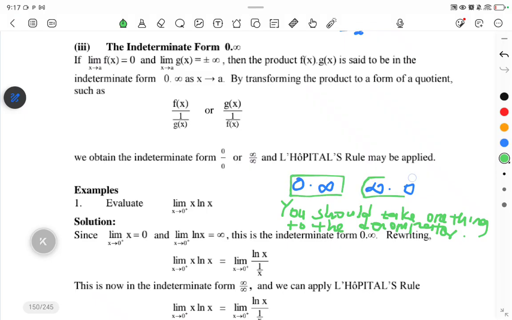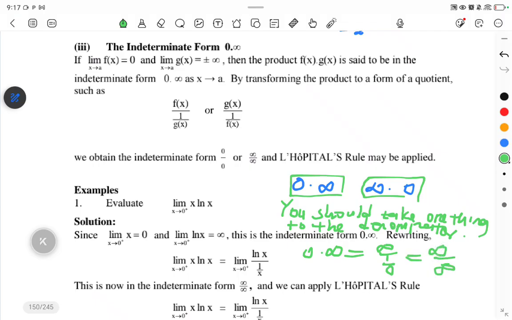If you take infinity to the denominator, it becomes 0. If I take 0 to the denominator, it should go as 1 over 0, and this is what? Infinity over infinity.